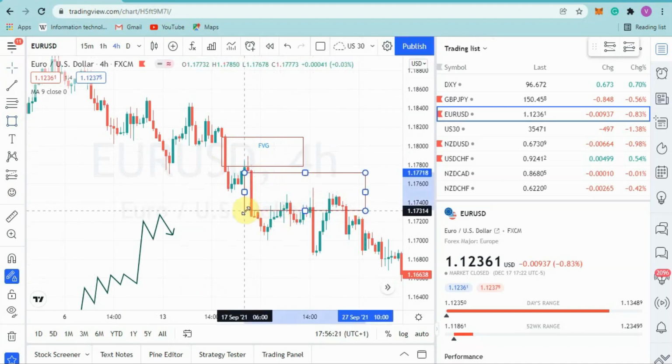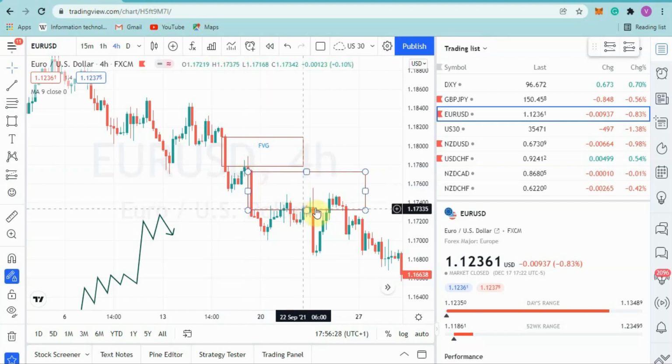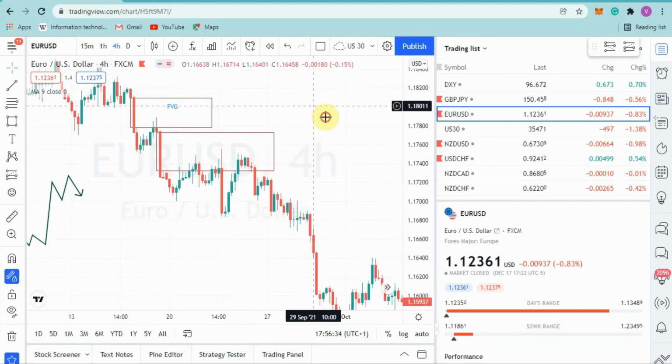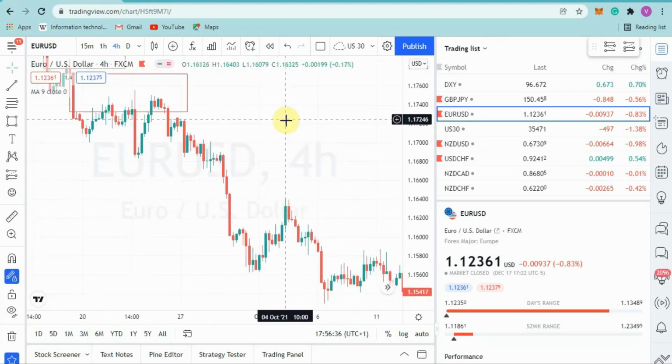Remember how to draw it, from the wick of this other previous candle. Let me just shape this up so it looks better, to the wick of this, and the market came back again to this FVG.